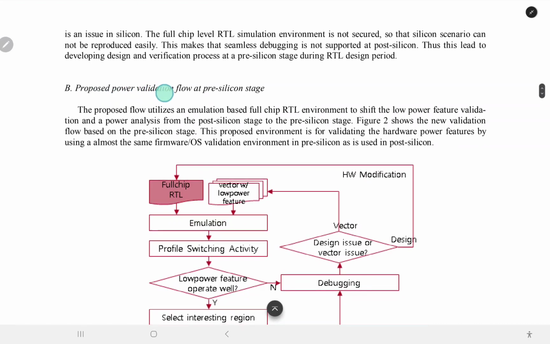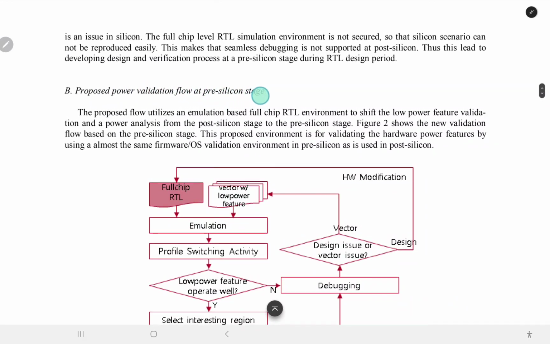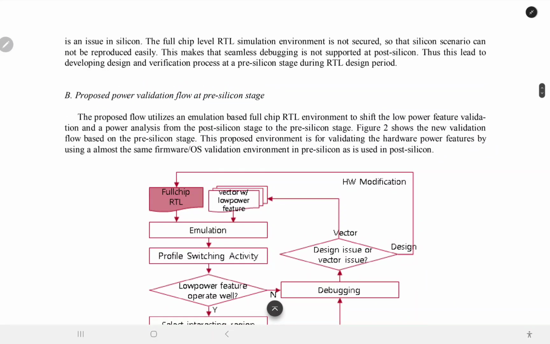B. Proposed power validation flow at the pre-silicon stage. The proposed flow utilizes an emulation-based full chip RTL environment to shift the low power feature validation and power analysis from the post-silicon stage to the pre-silicon stage. Figure 2 shows the new validation flow based on the pre-silicon stage.